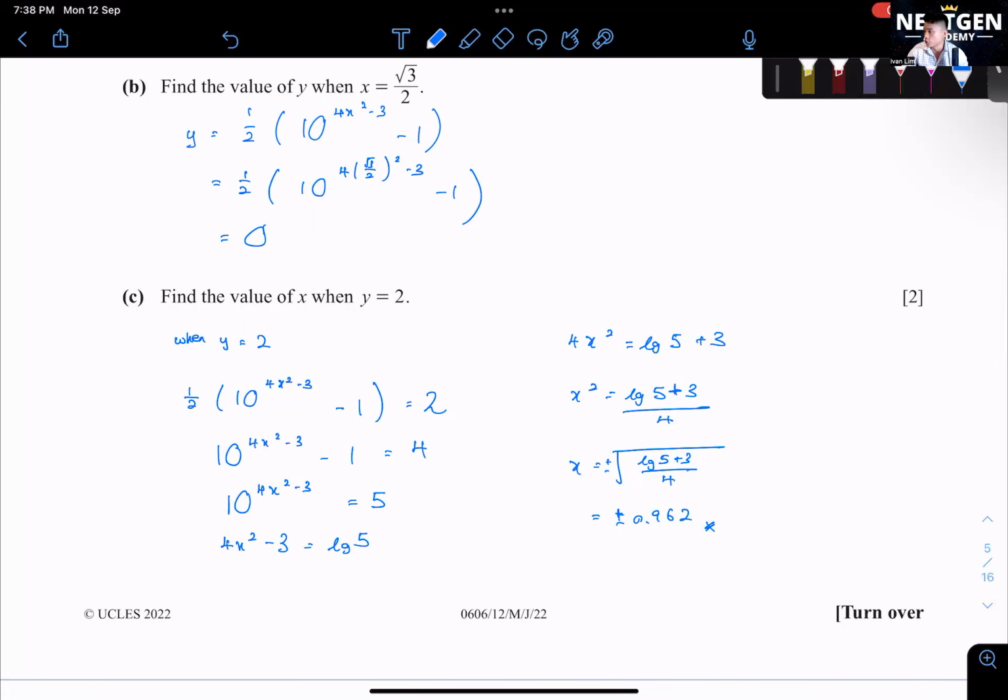So you actually don't have to write so many steps, but it depends how you all solve it. Okay, this part here, don't round it up too much. If you round it up to 2 significant figures, minus 1 mark. Those who write less than 3 significant figures will get penalized for it.